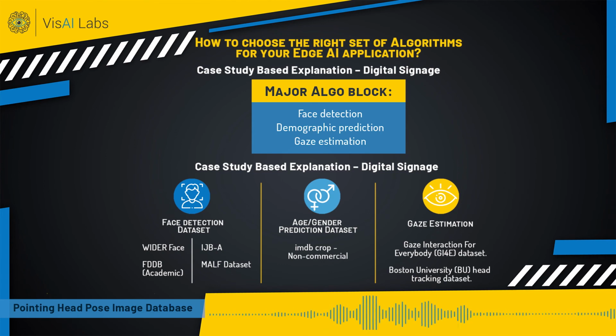This is the way we ensure the privacy of the customers in the smart digital signage solution. This involved developing 3 different models for face detection, age and gender prediction, and gaze estimation. We had to develop all these 3 models, combine them, and produce the end solution for our customer.